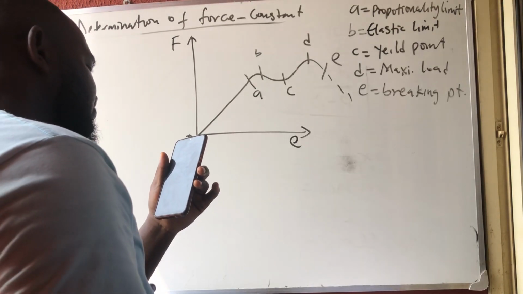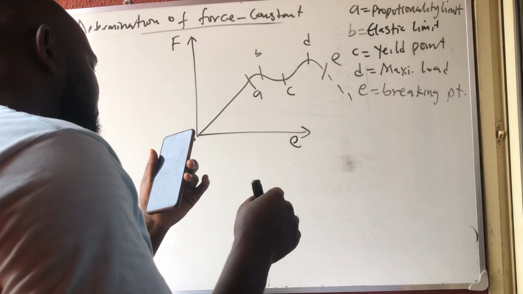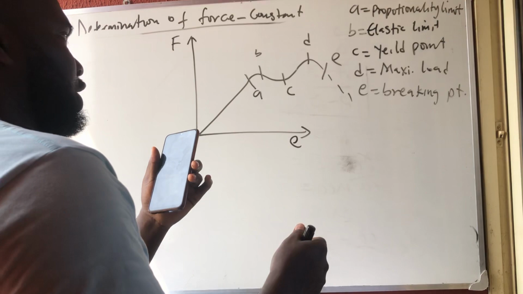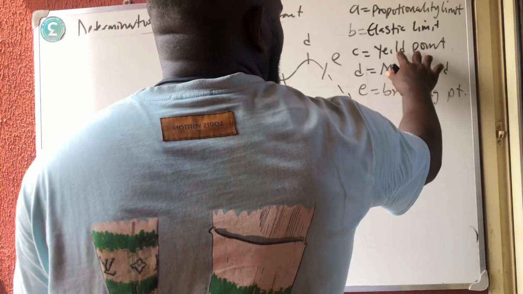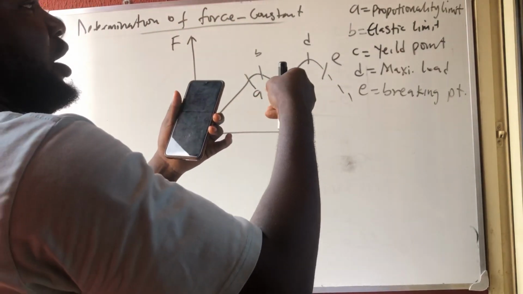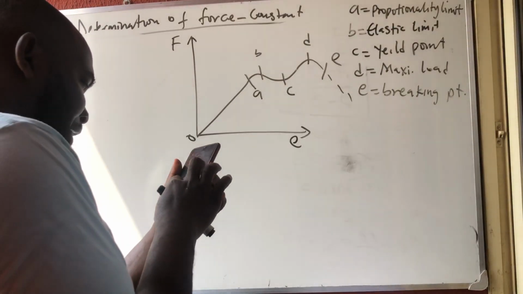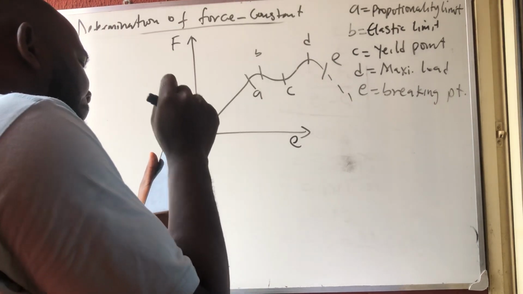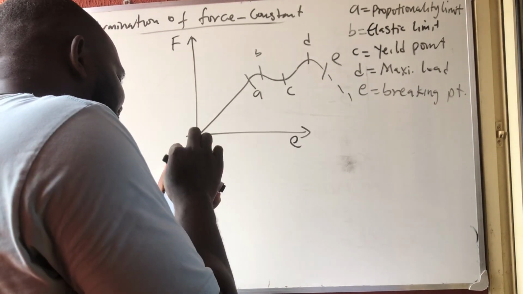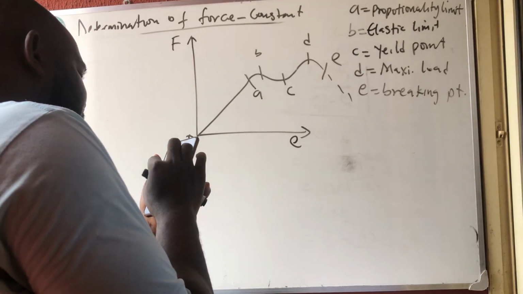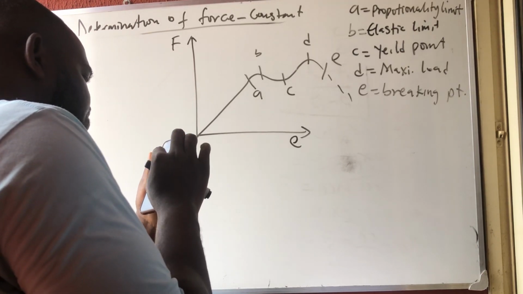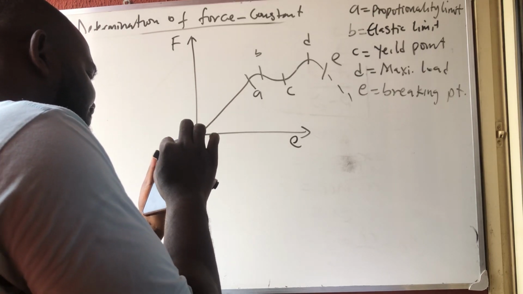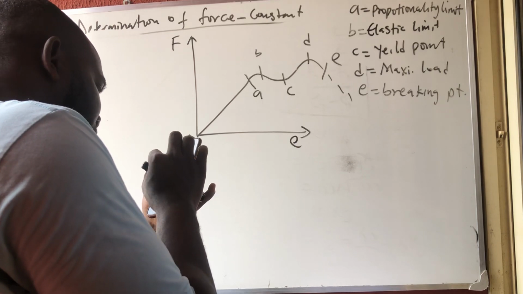The next point is the yield point. It is the point at which little application of force produces large extension. Once an elastic material gets to yield point, any small force you apply, it will overstretch. The little application of force produces very large extension because the molecules of the material slide across each other.